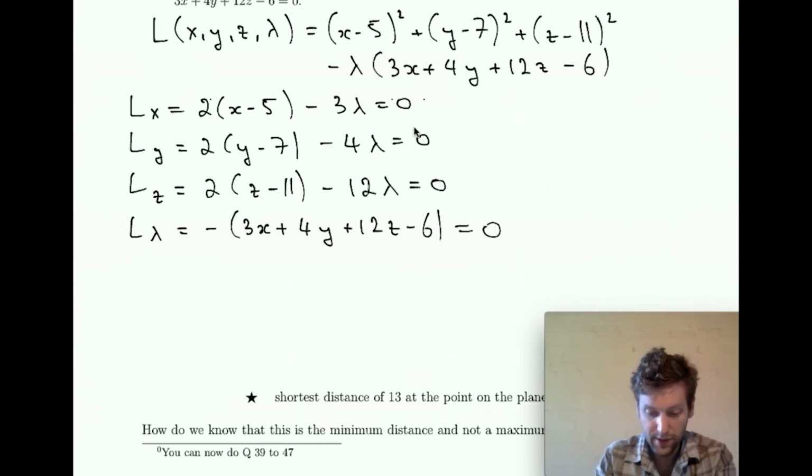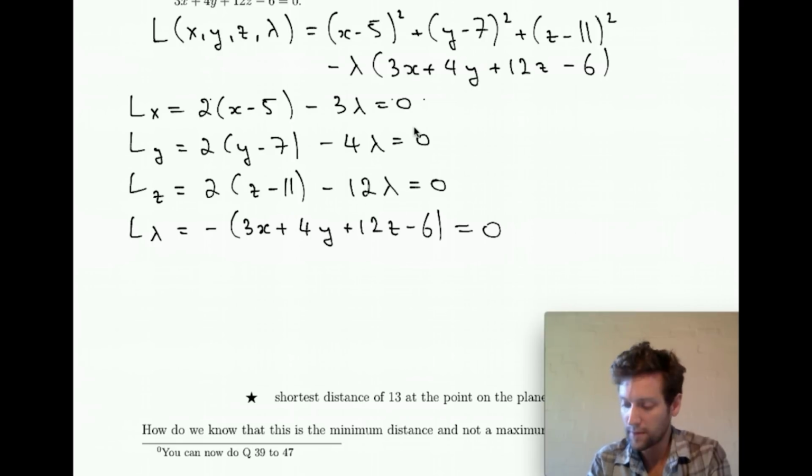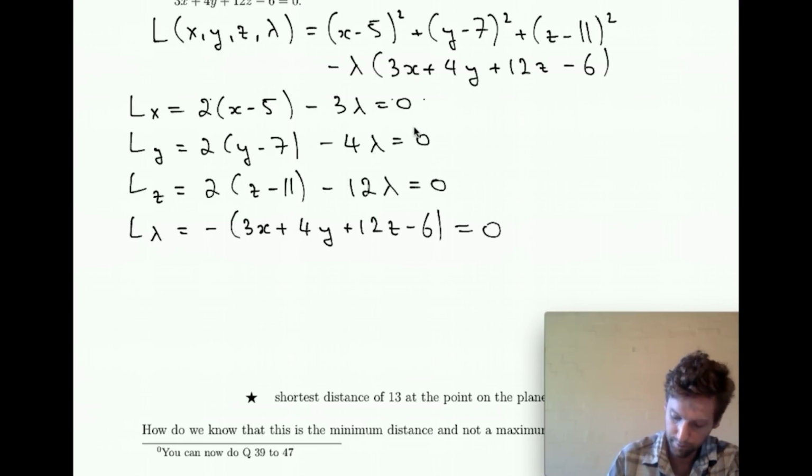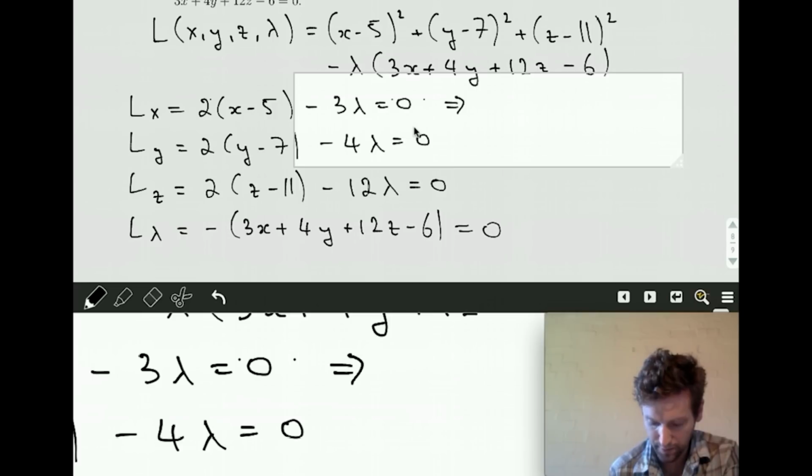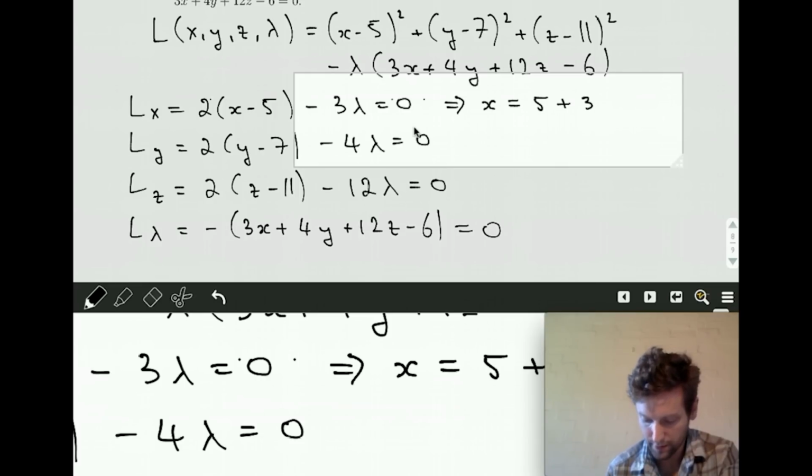So let's rearrange these. I'm going to use the same technique I used before. I'm going to solve for x, y, and z in terms of lambda, substitute those expressions into my constraint to solve for lambda, and then find what x, y, and z are. So x will be equal to 5 plus 3 lambda divided by 2.